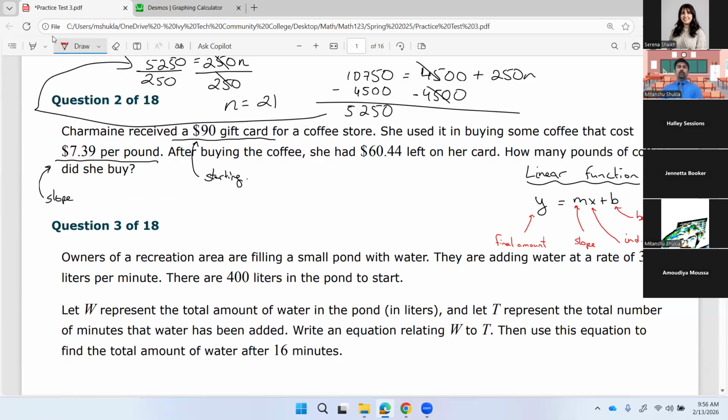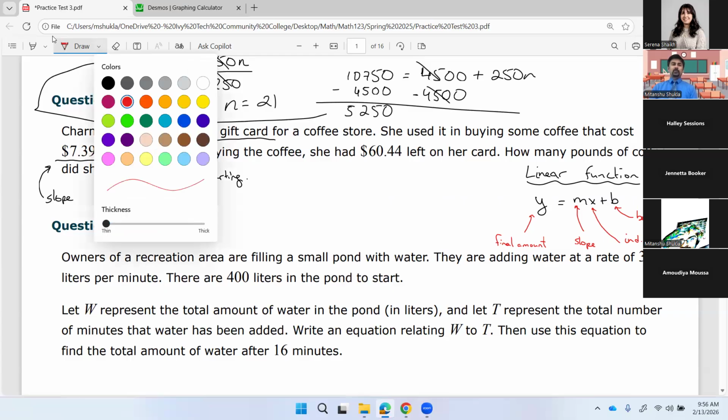So now let's keep reading. After buying the coffee, she had $60.44 left on her card. That sounds like some ending amount, doesn't it? So my y is going to get replaced with $60.44.